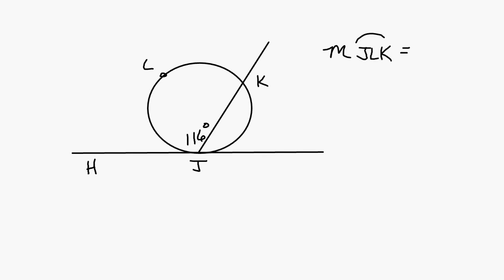So J through L and up to K is this red arc. This red arc is the intercepted arc for the 116. So JLK is going to be equal to 2 times the 116. And 2 times 116 is 232 degrees.